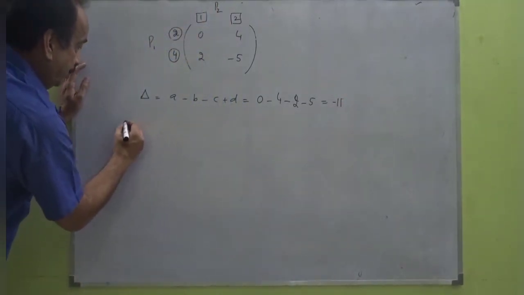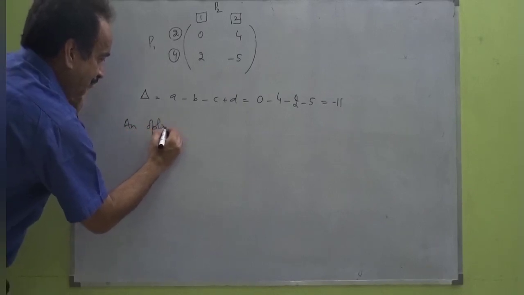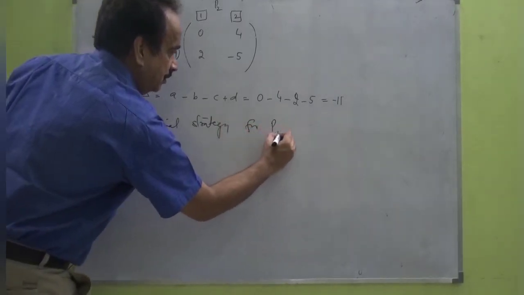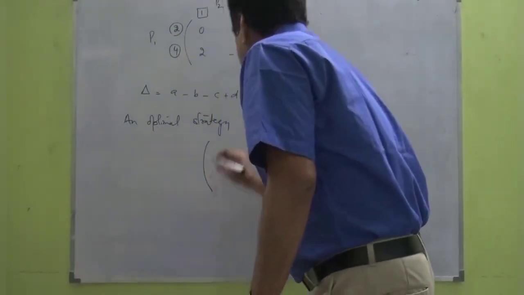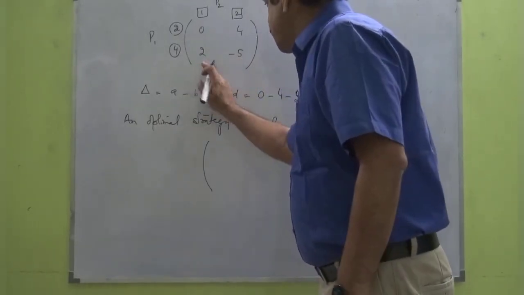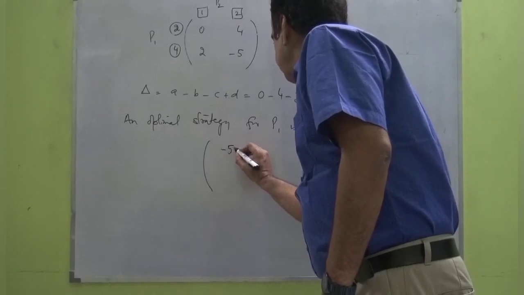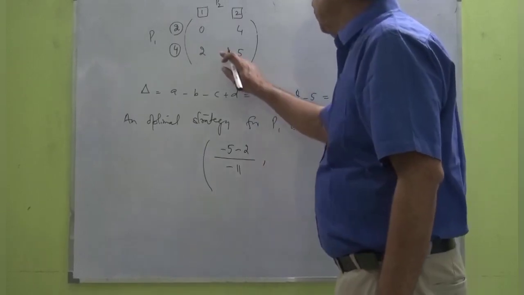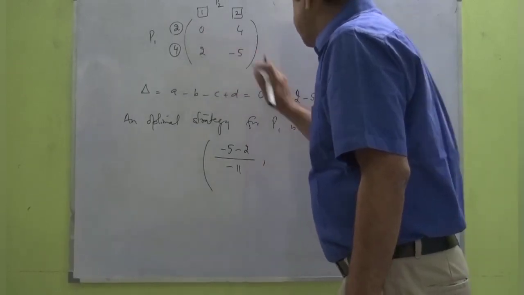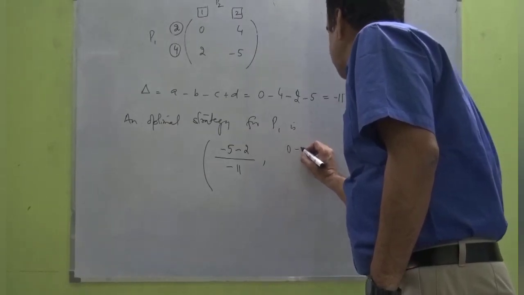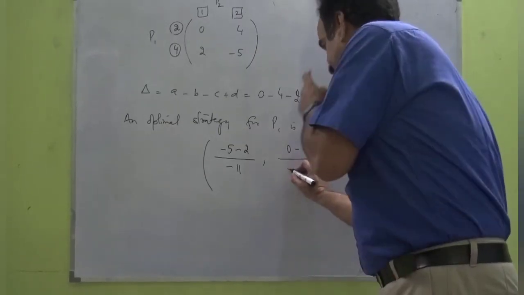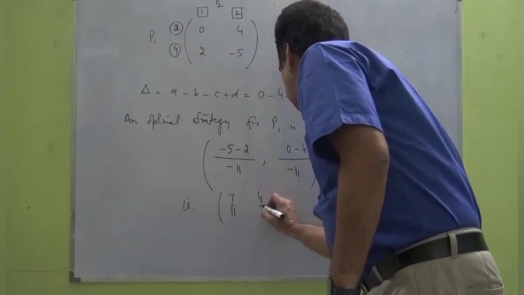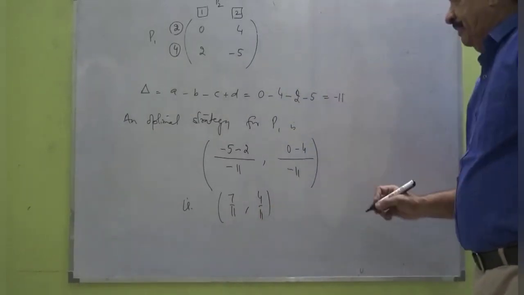And then an optimal strategy for P1 is d minus c, that is minus 5 minus 2, divided by delta, that is minus 11, and a minus b, that is 0 minus 4, divided by minus 11, that is 7 by 11, 4 by 11. This is an optimal strategy for P1.